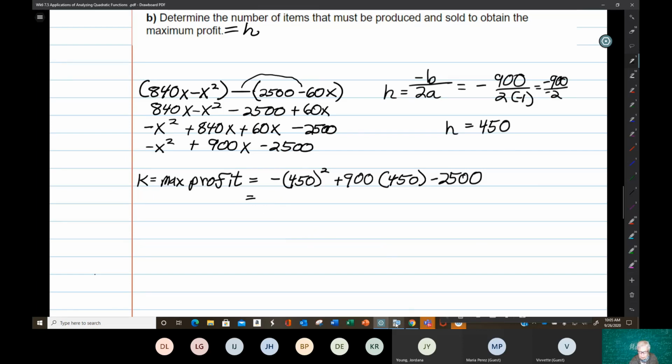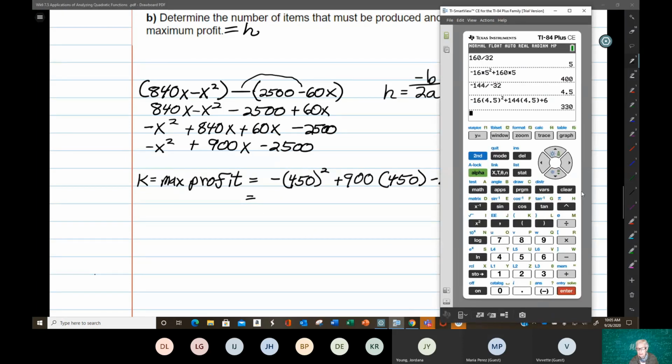All right, I'm going to pull up the calculator and clear it. And now, negative parentheses 450, parentheses close squared, plus 900, parentheses 450, minus 2,500.